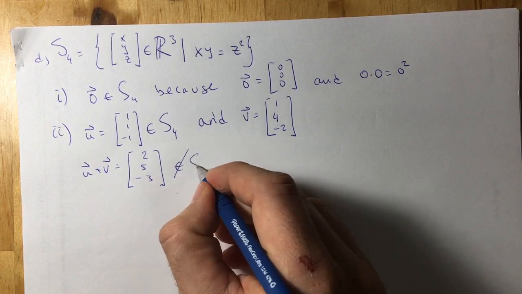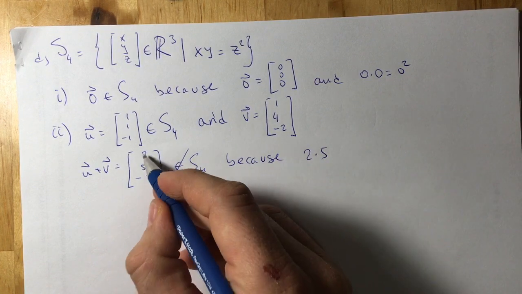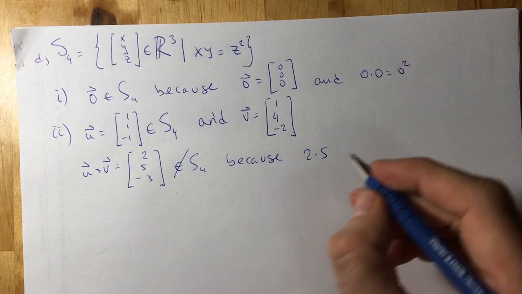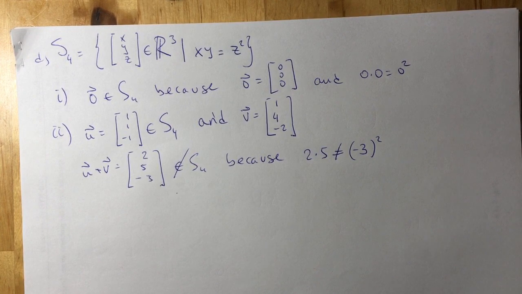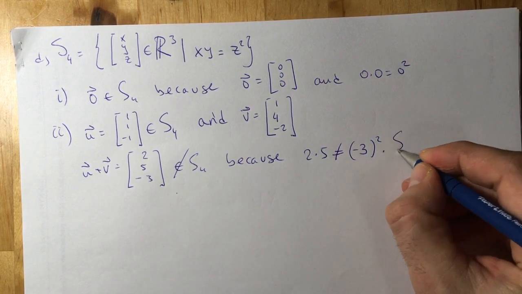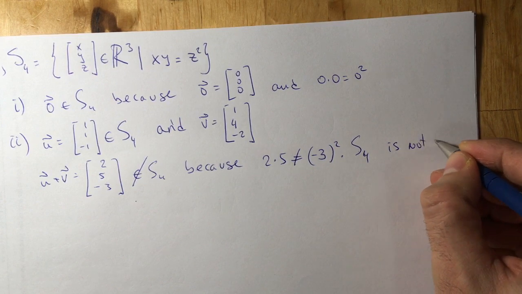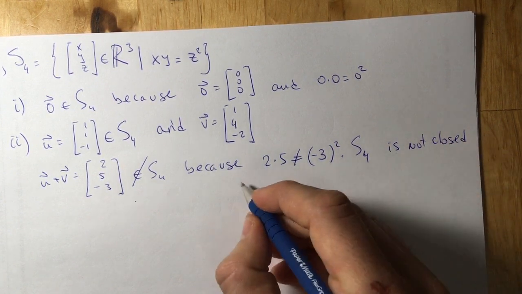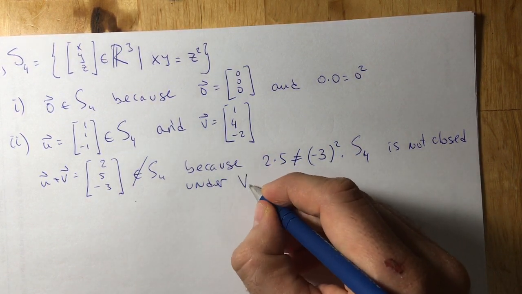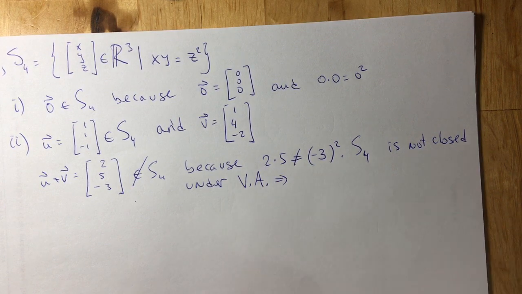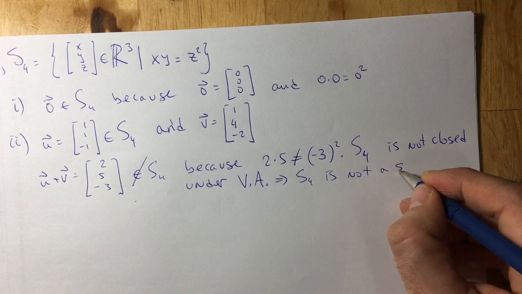And this is not in S4 because 2 times 5, the product of the first two entries in this new vector, is not equal to the square of the last entry, which means that S4 is not closed under vector addition, which means that S4 is not a subspace.